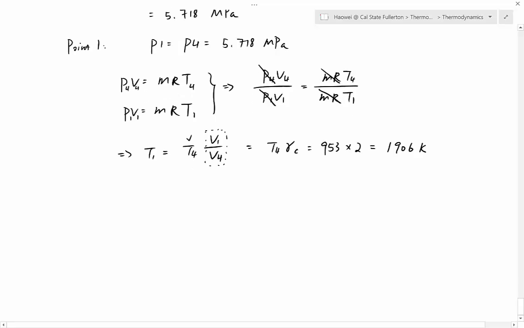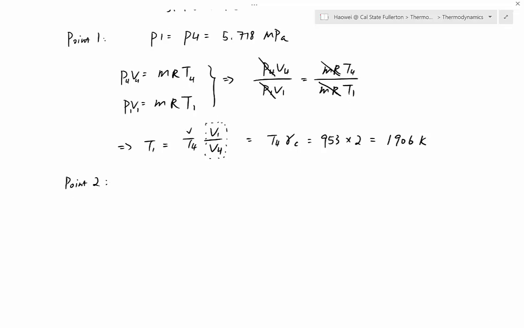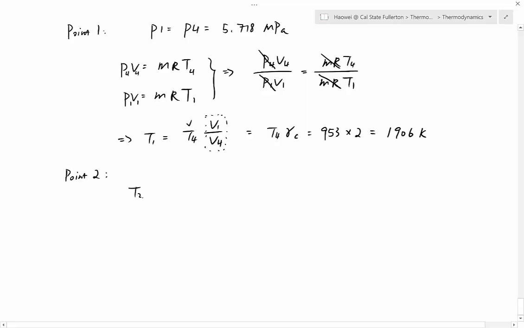Okay, so now we're done with point 1. The only point that is left is point 2 now. We will probably build a connection between 1 and 2. Why is that? Because 1 to 2 is an isentropic process, and we do have additional equations for isentropic processes. The equation is T2 over T1 equal to gamma C over gamma with the index of k minus 1.